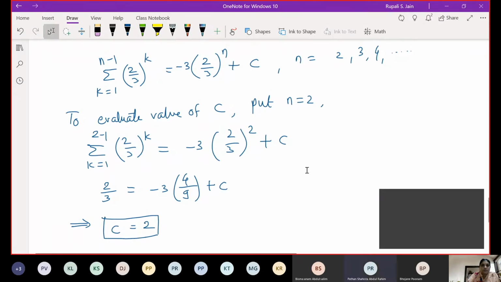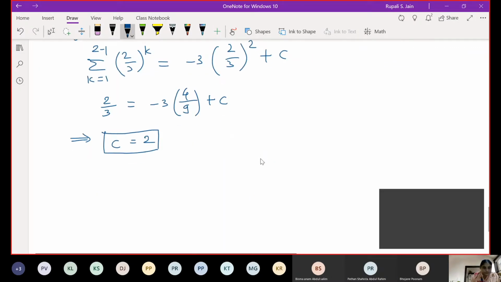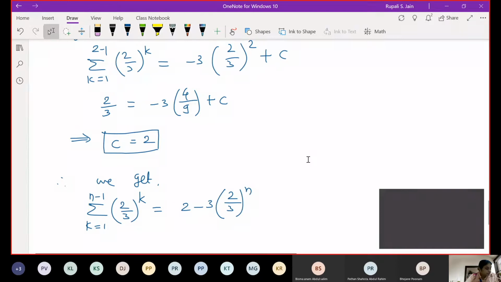So therefore we get summation k is equal to 1 to n minus 1, 2 by 3 raised to k can be written as 2 minus 3 times 2 by 3 raised to n, where n is equal to 2, 3 and so on.